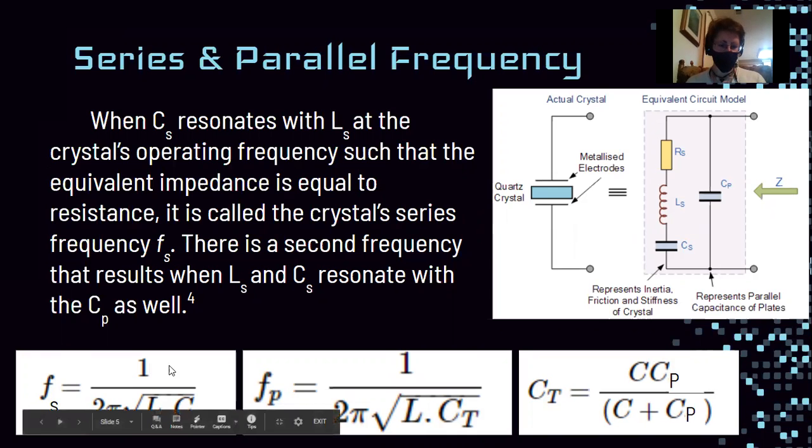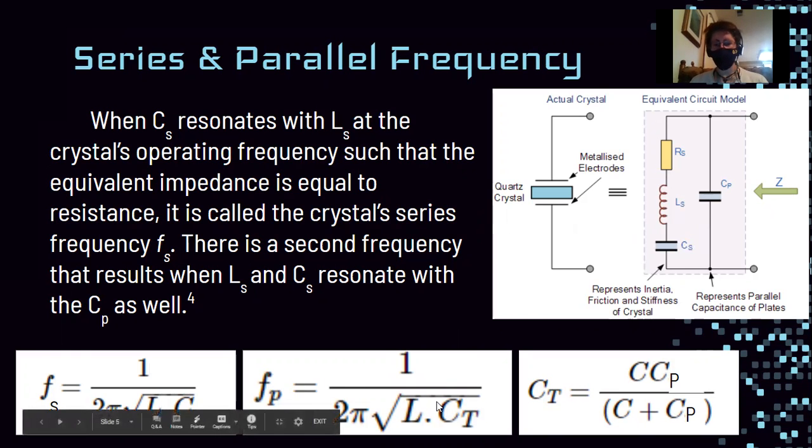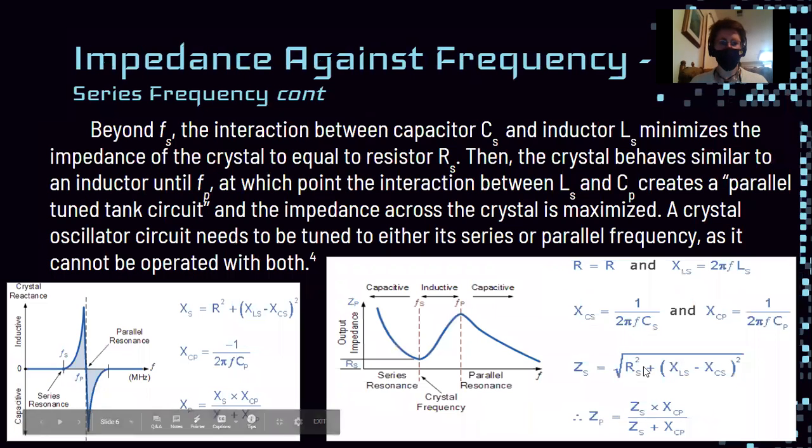Here is an equation which gives you Fs. There's a second frequency that results when the series inductor and the series capacitance resonate with the parallel capacitor as well, and that gives us Fp. We can see how we can achieve Fp down here. That also includes another thing called Ct, the capacitance, which is a separate equation.